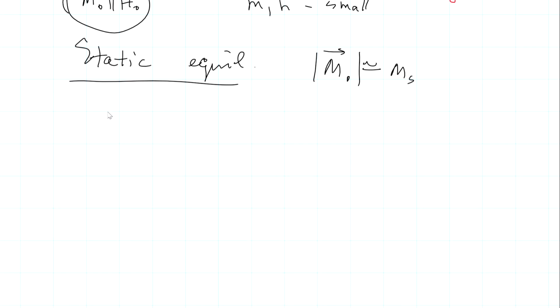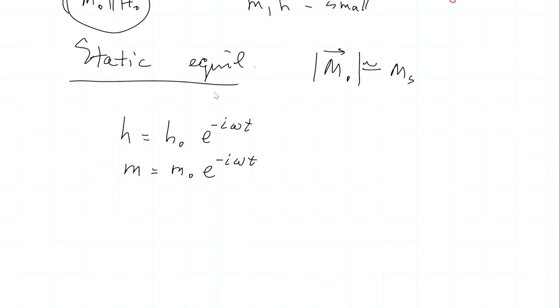At the same time, let's choose the form of this m and h, small m and h, as a function of time. So we will say that h is a certain amplitude e to the minus i omega t, and m would be m naught e to the minus i omega t.